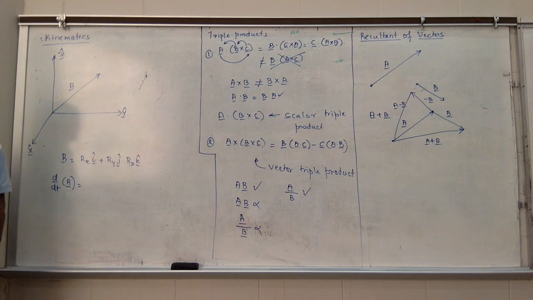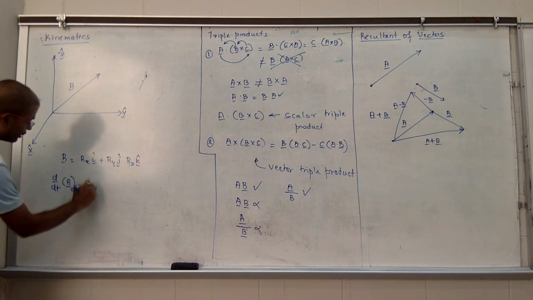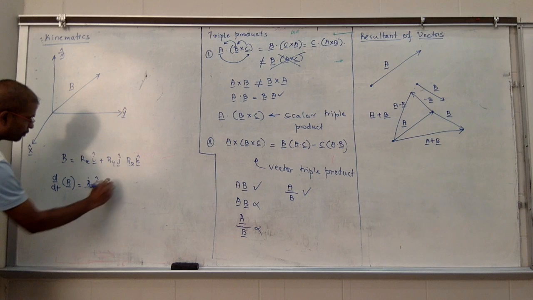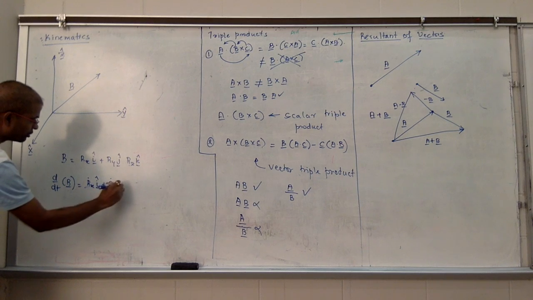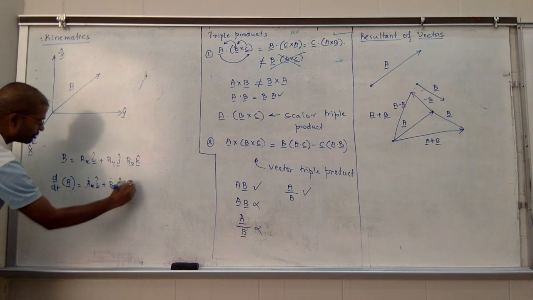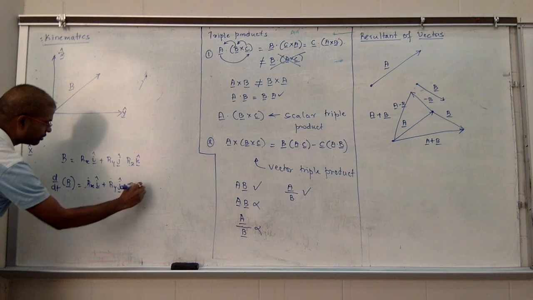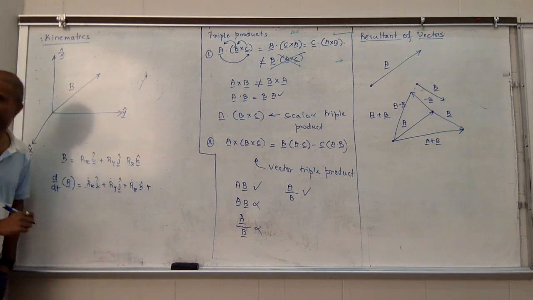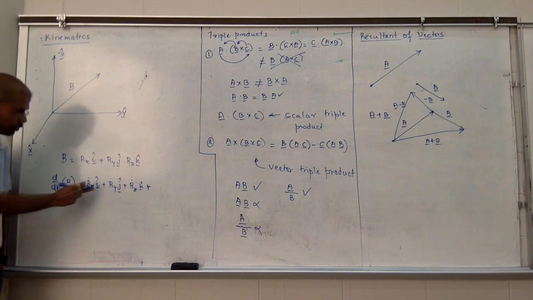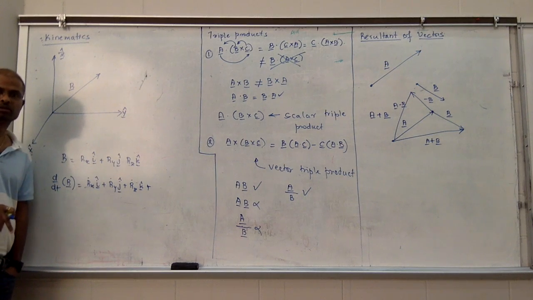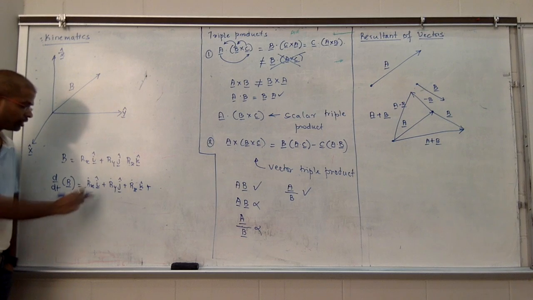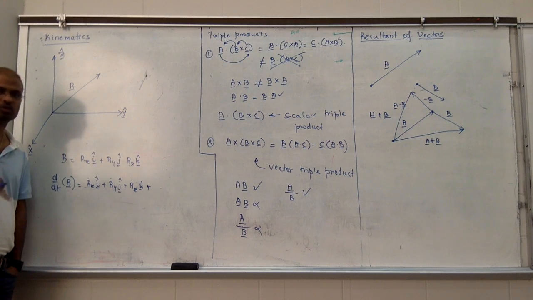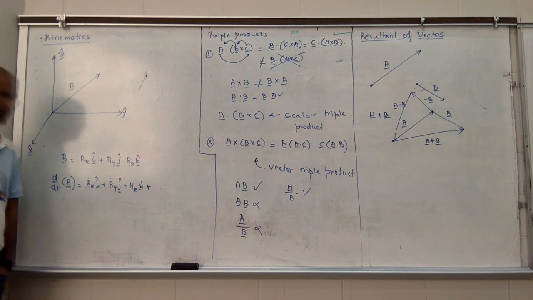If they were changing, you would have Rx dot i plus Ry dot j plus Rz dot k, plus R times i dot and so on. But that is not changing. So i dot is 0 because it's a constant. Now what is this?